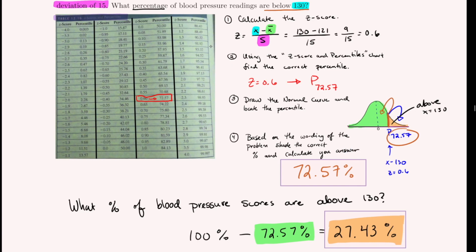We know that to be below is the left of the point in the normal curve, above is to the right, and then for between problems, you have to calculate both z-scores and percentiles separately, and then take the largest minus the smallest.